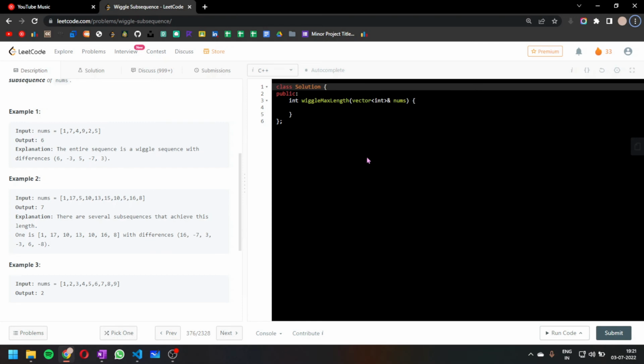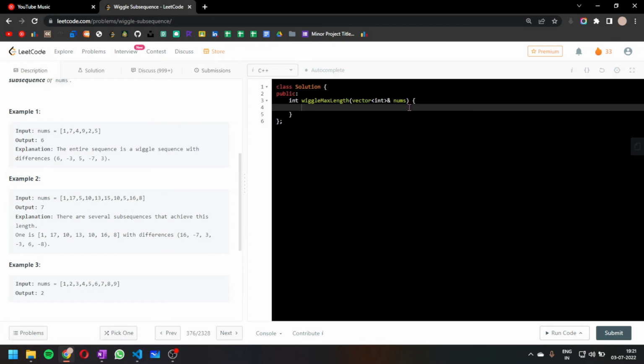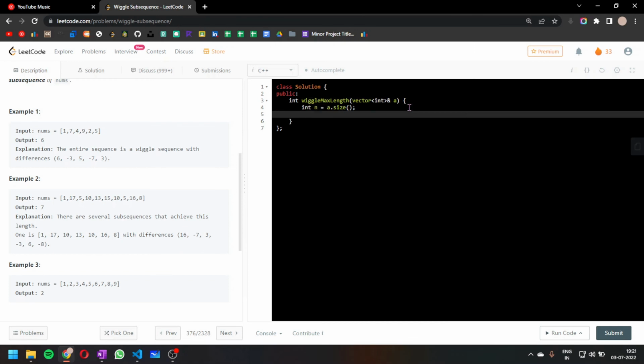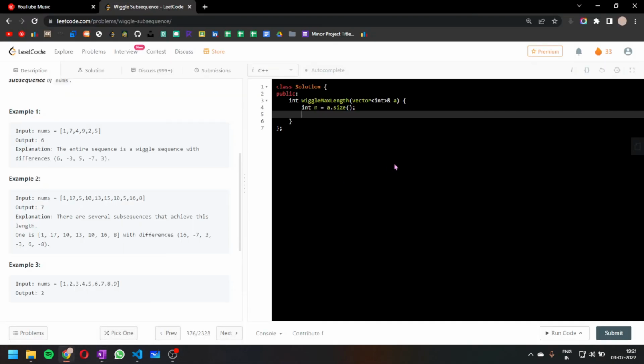So now to code it, what we are going to do is first say int n equals a dot size. We are going to change the name of this vector to a. After this, we are going to make these 2 variables which are going to store the maximum possible length of the subsequences.